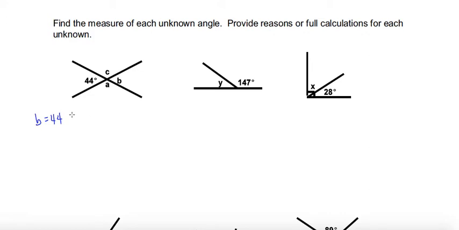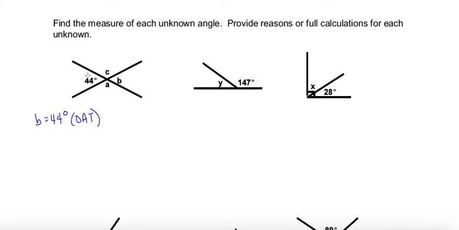We use the opposite angle theorem to help us figure that one out. So I'm using not only the degree symbol in my answer, but I'm also stating the property that I used to solve for that.